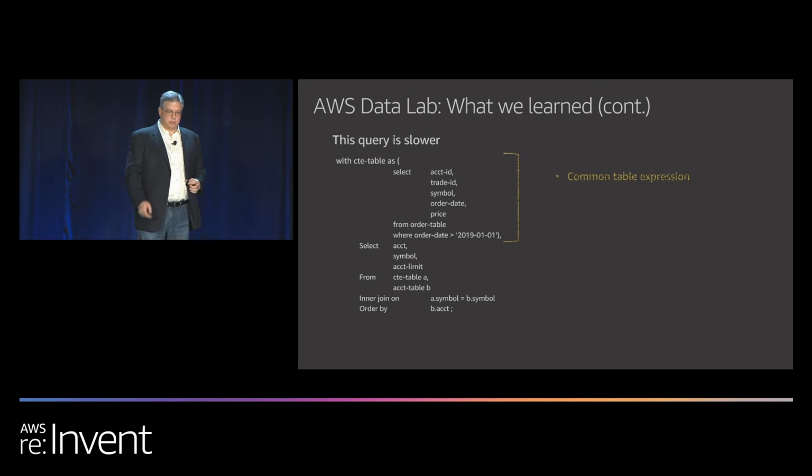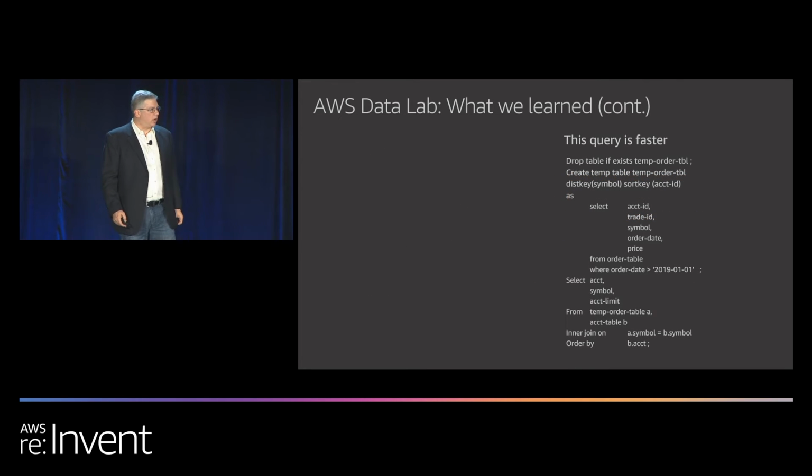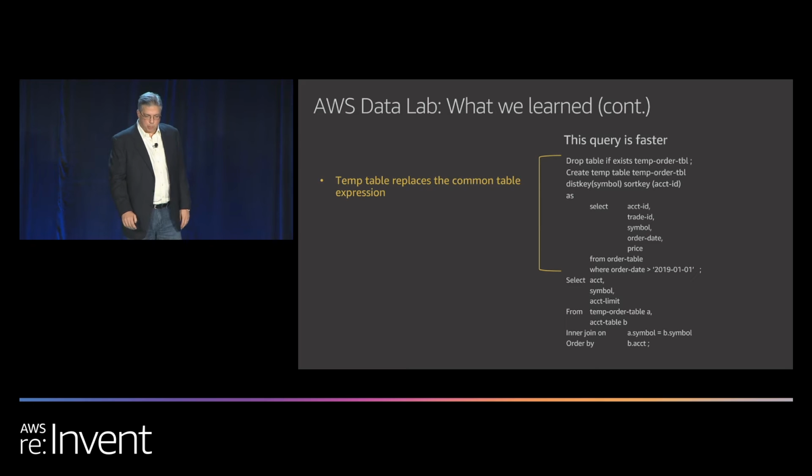And you can also change it by query. So with the exact same table, you can run with this style of all, this style of even, or this style by key. And depending on what your query is doing, you can change your temp table structure and it'll process faster.